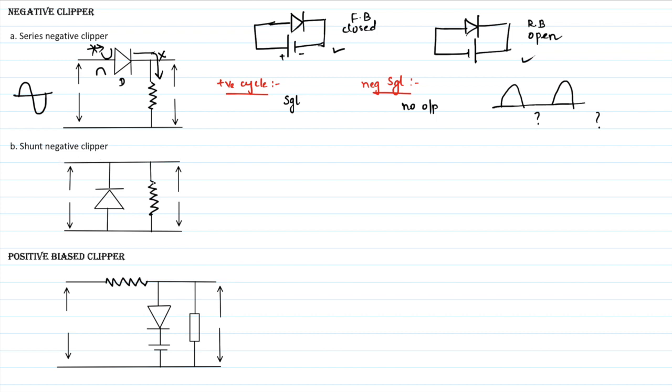Similarly for shunt, this diode is connected in parallel. Now you will get an input signal. So when you connect an input signal, first the input will be applied to the cathode. So input positive is applied to cathode, this condition, so diode is open. Now it is open, so no current will flow across the diode, entire current will flow across the resistor.